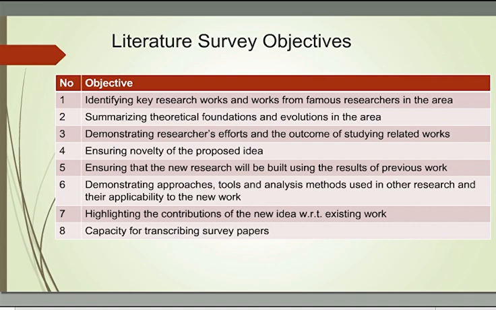So these are the main objectives of a literature survey. Number one is identifying key research works and works from famous researchers in the area. Number two, summarizing theoretical foundations and evolutions in the area. So, in other words, by doing a literature survey, you will find any theories that are related to the ideas and to the problem and to the area of work that you are working on.